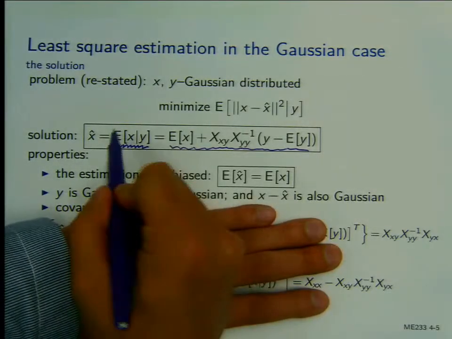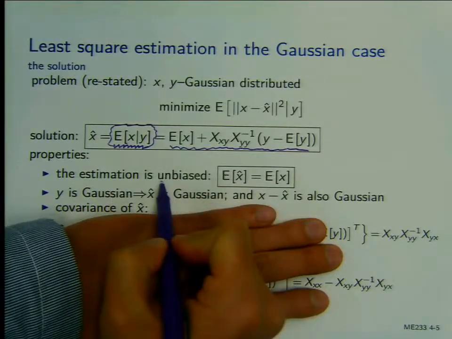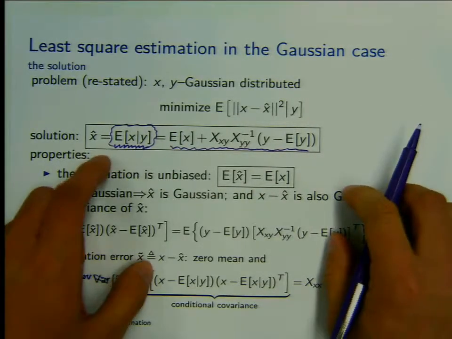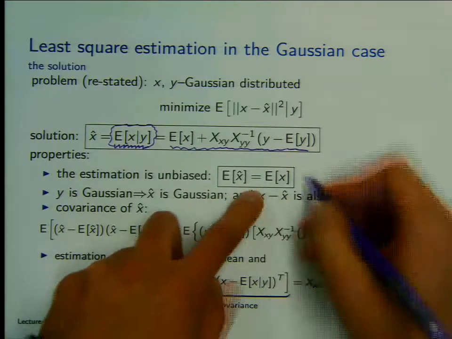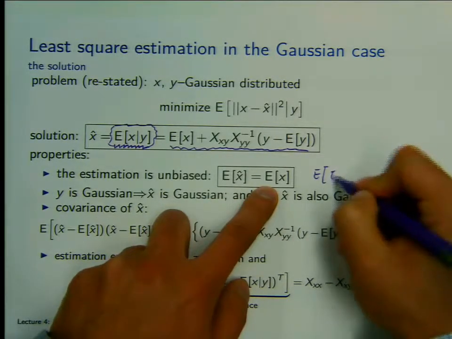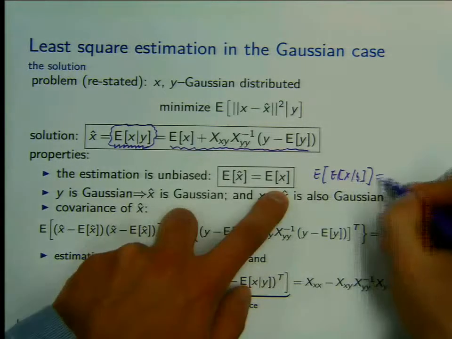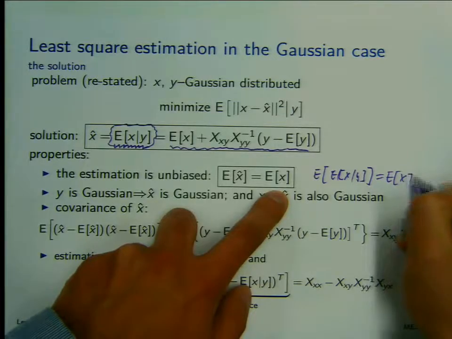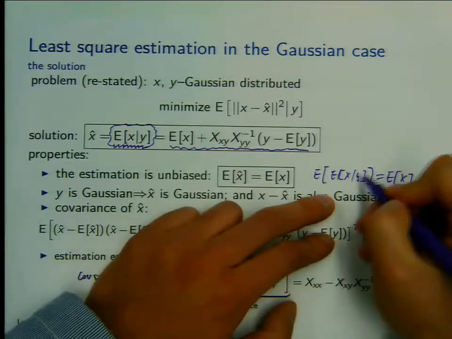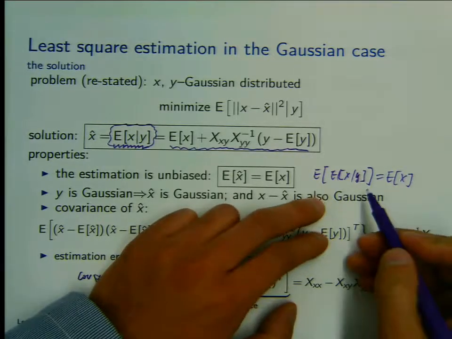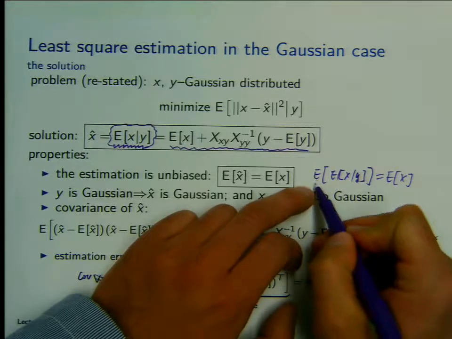First of all, this estimation, the conditional expectation, is unbiased. Okay? If you take the expectation of this guy, it's going to be equal to the expectation of x. So E[E[x|y]] equals E[x]. There are two things I want you to be careful about. First of all, what is this outside expectation taken with respect to?